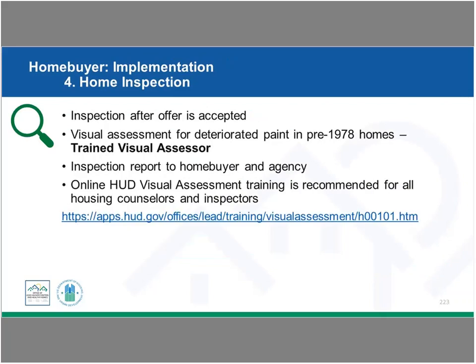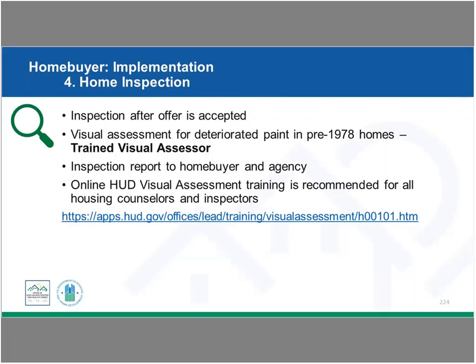So for our home inspection, this is typically done once the offer has been accepted. It's going to follow the language that we included in that offer. As we mentioned, we need to have a trained visual assessor. We need documentation in the file that our visual assessor met that requirement. And that inspection report is going to go to the home buyer and also be maintained in the agency files.